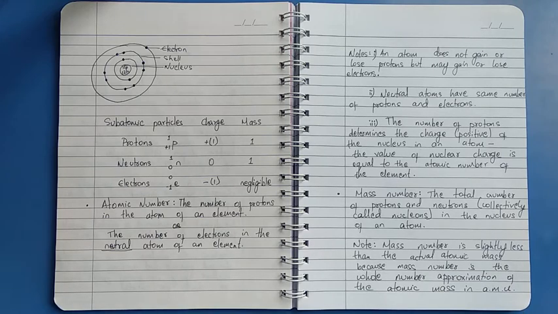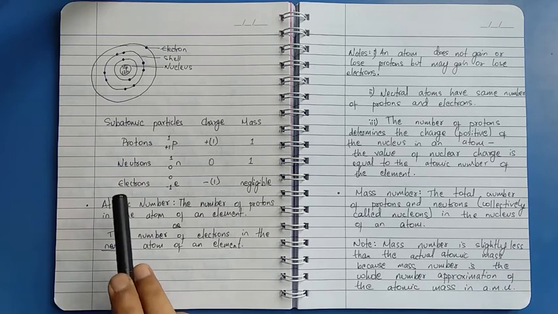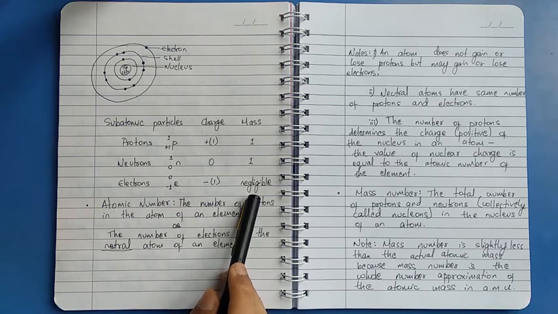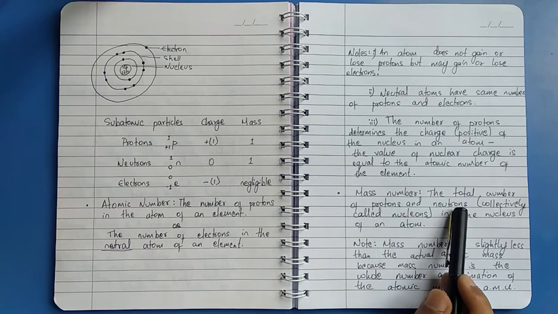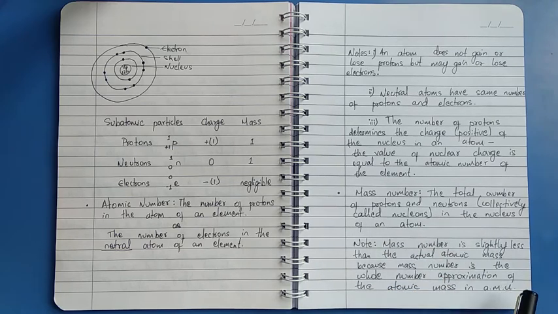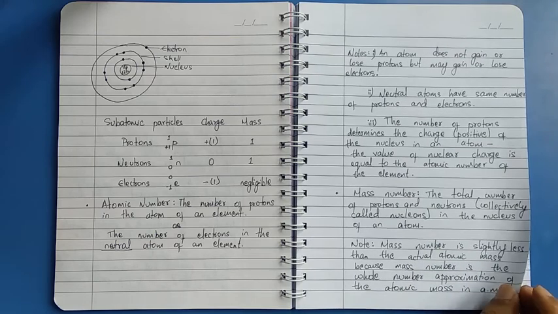See, why is this slightly less is because the mass of electrons is negligible. It is not zero. That is why when we consider mass number, since we are calculating the number of protons and neutrons, electrons is getting neglected. That is why mass number is slightly less than the actual atomic mass.